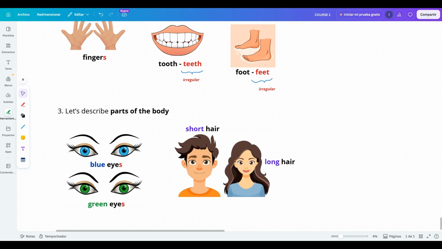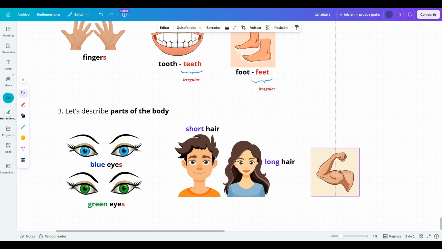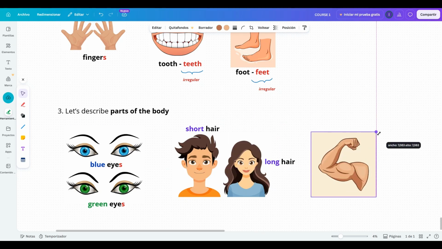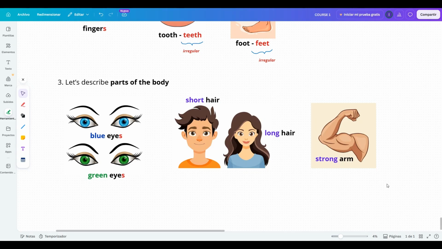Oh, what's this picture? Describe this picture. What's this? Okay, you say, hey, look. Here you can see a strong arm. Strong arm. You see?